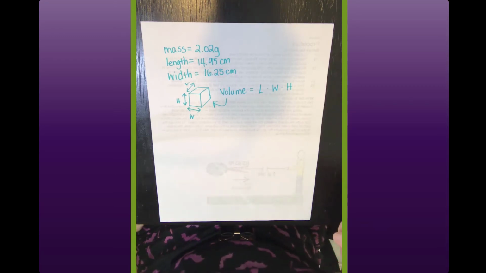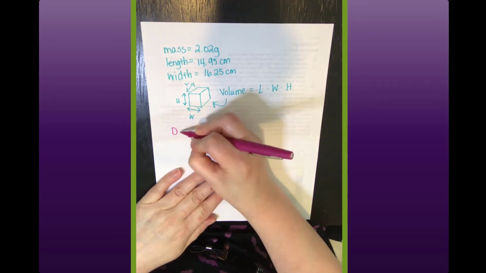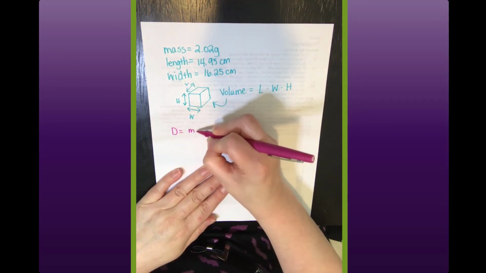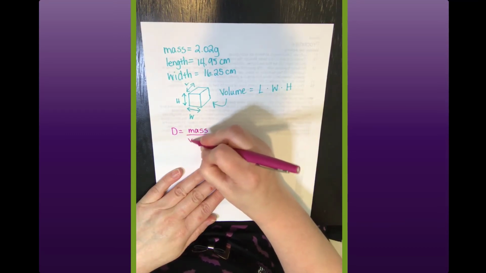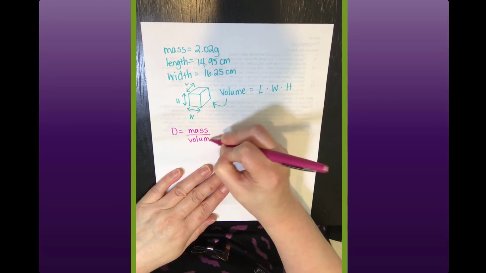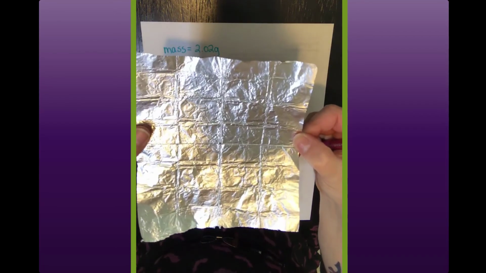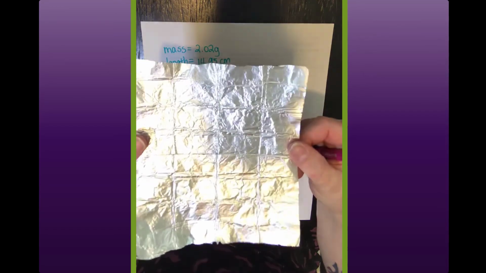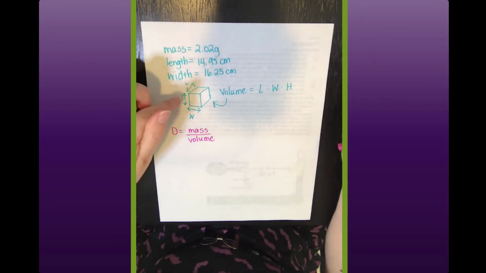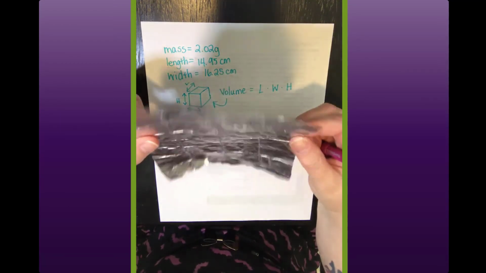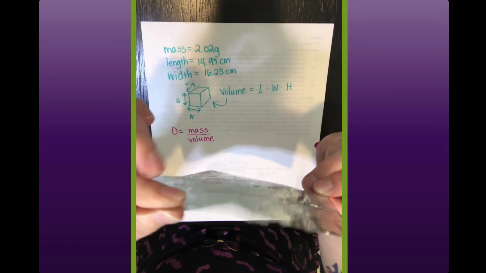we look again at our equation that density is equal to mass divided by volume. And as odd as it sounds, the volume of this sheet of aluminum foil, we do use this equation for the volume of a cube because this has length, width, and height, or this thickness.